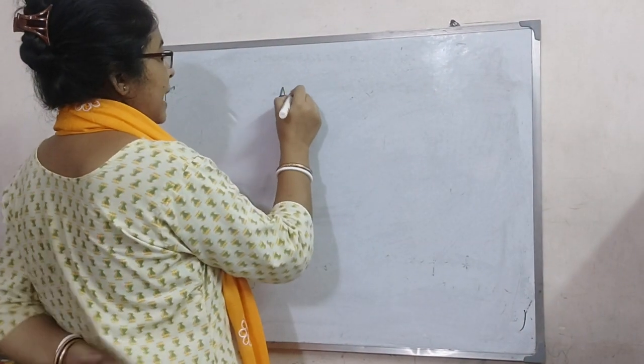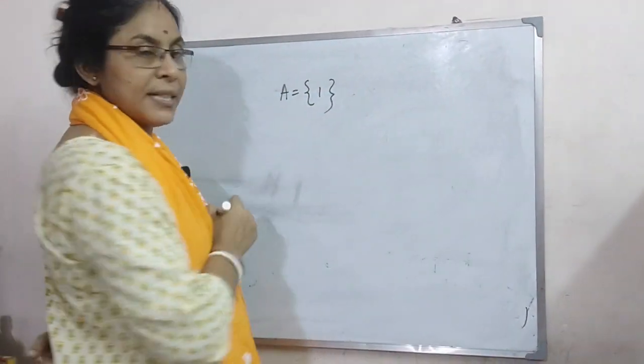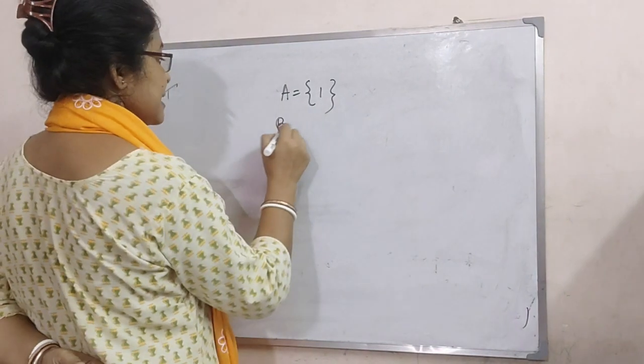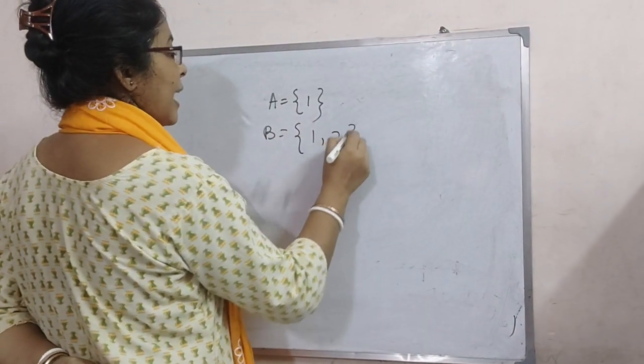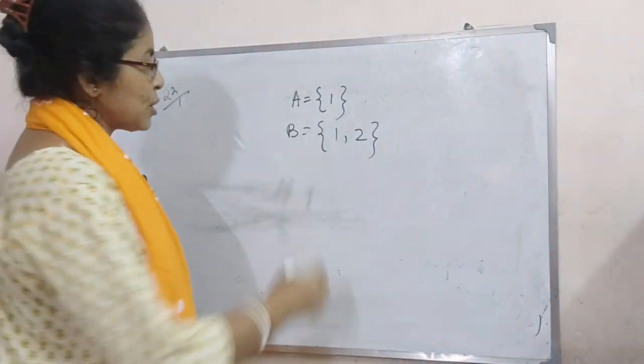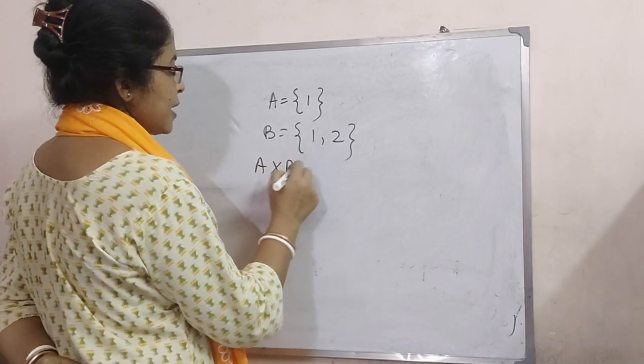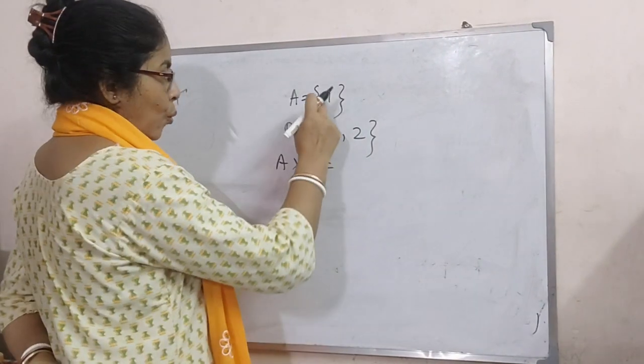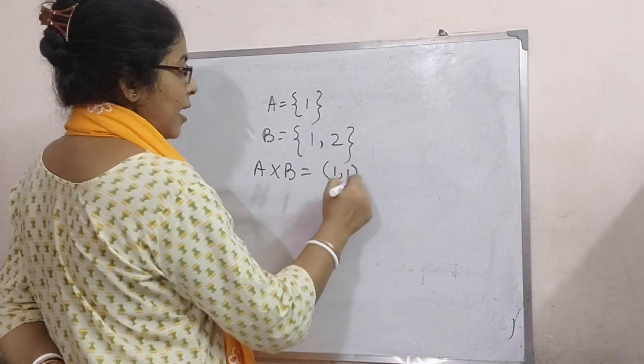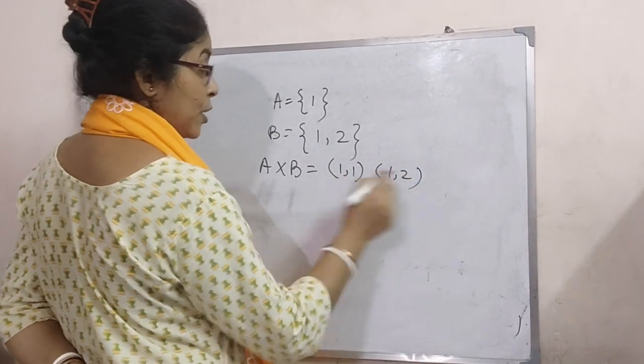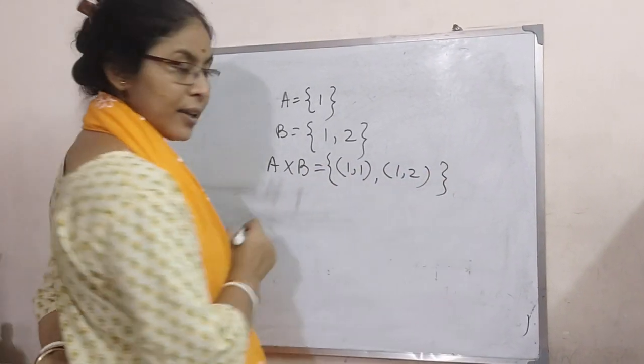If A is a set of 1 element and B is a set of 2 elements, 1 and 2. So A cross B equals (1,1) and (1,2).